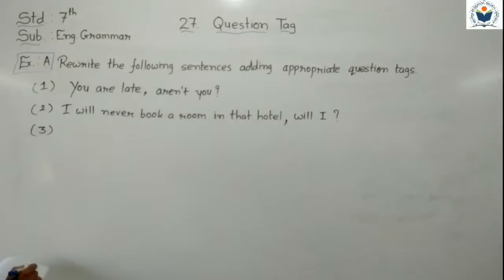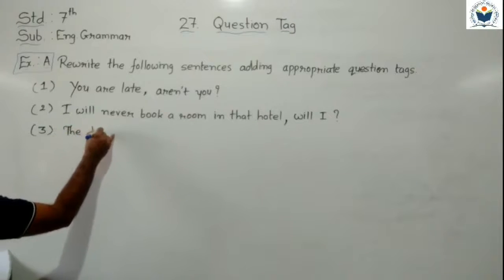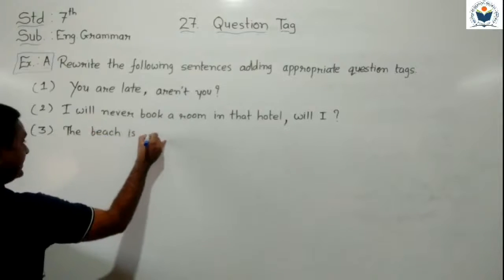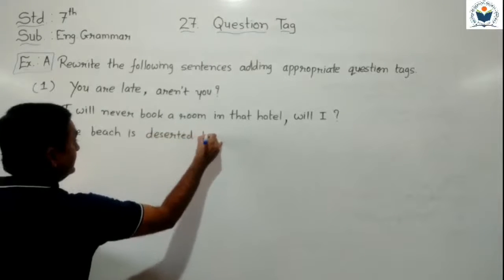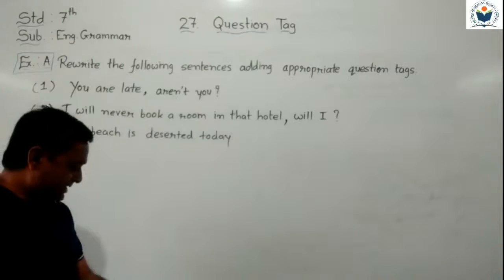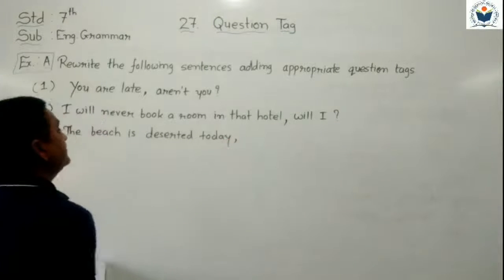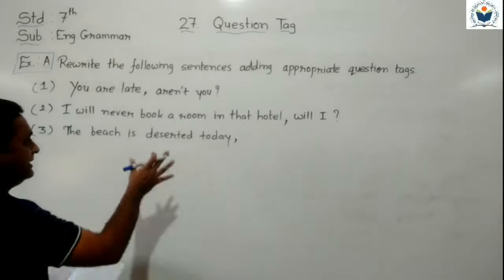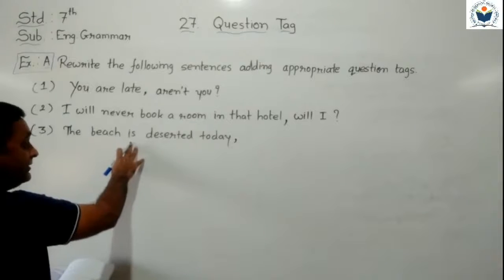Third sentence. Can you understand, student? The beach is deserted today. Now after that you have to put a compulsory comma. Then see, the sentence is given in a positive sense, so we have to put a negative question tag here.